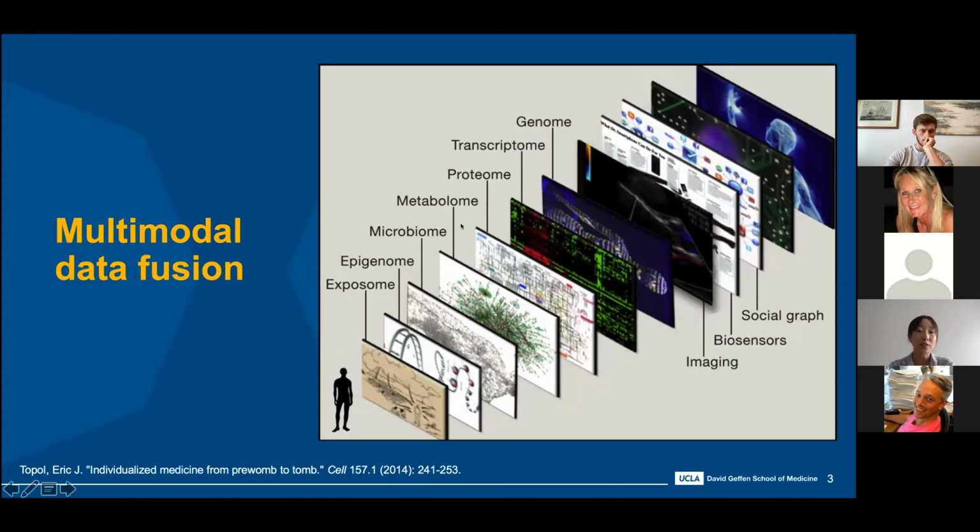And each of those data capture slightly different information about the disease. And when we combine them, they might give us a fuller picture of the disease. So the goal of multimodal data fusion is really to integrate those modalities together so that the model might have a better performance in both diagnosis and outcome predictions.